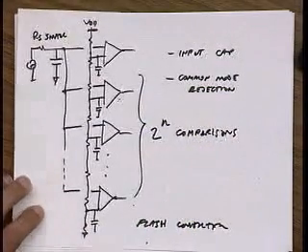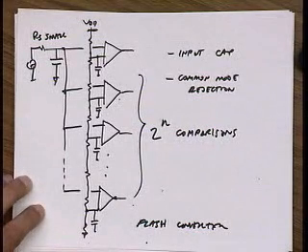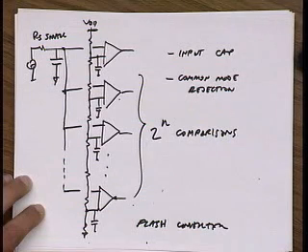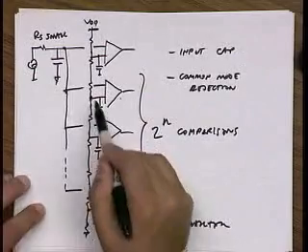Yes? Just a short question to the RC related stuff. Isn't usually the reference voltage much longer there? I mean, I don't turn it on and off and it's not a signal. So speed is not as much a concern as it would be for the input signal, isn't it? Yeah, you're right. I mean, these are static voltages, right?